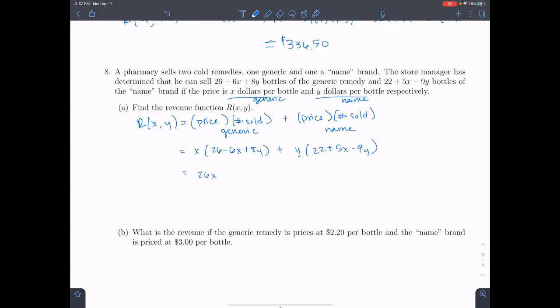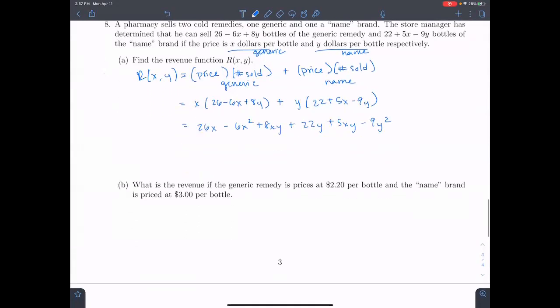So we're looking at 26X minus 6X squared plus 8XY plus 22Y plus 5XY minus 9Y squared. So I have negative 6X squared. Just X terms, just that first one, 26X. And then 8 and 5, so 13XY plus 22Y minus 9Y squared. So that is our revenue function.